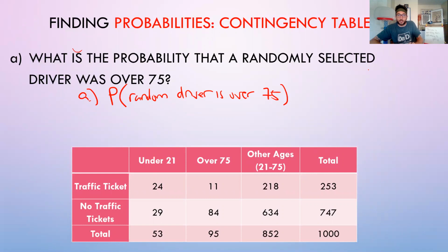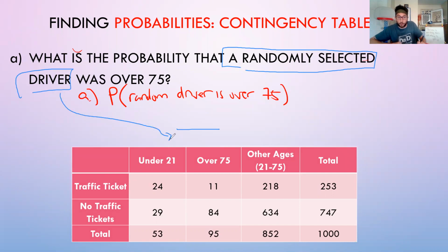So when we look at this, we're just talking about any randomly selected driver. For each of these we're going to want to show a fraction, and then we're going to want to show a percentage or probability. To determine the denominator, we want to focus on the wording here. So we're talking about any randomly selected driver.